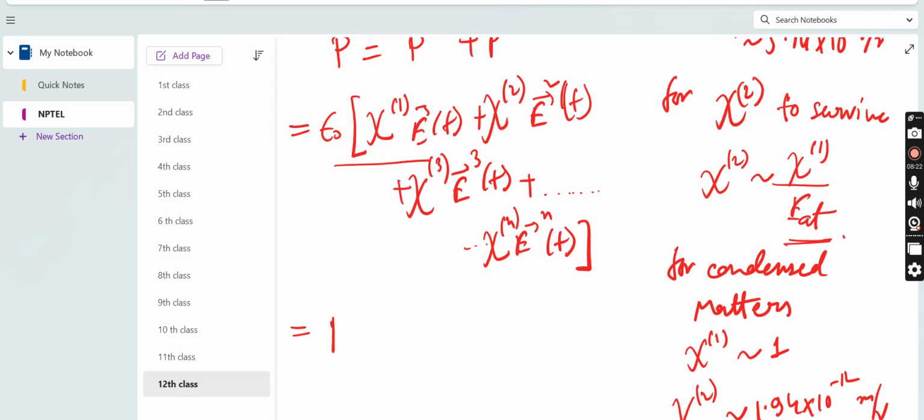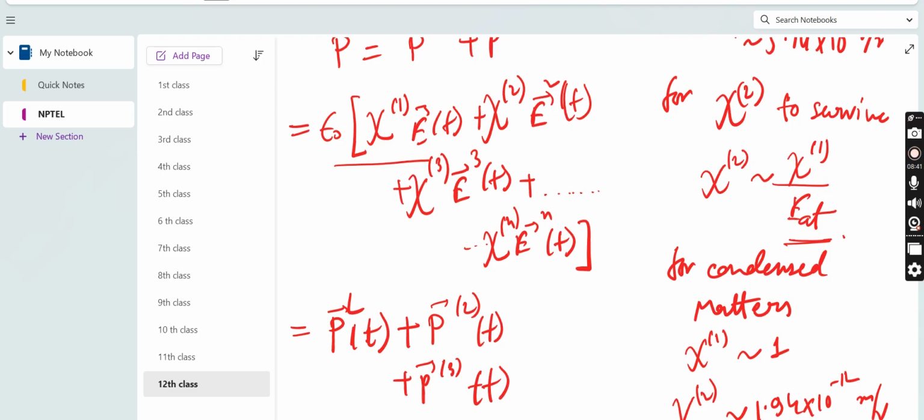The first term is linear, or we can say the P1 term. The rest of the terms are the nonlinear polarization. So this is physical.